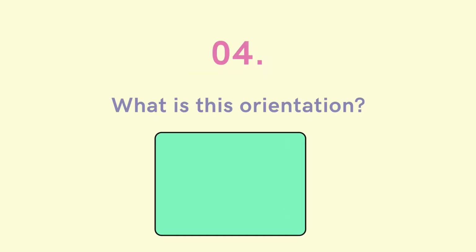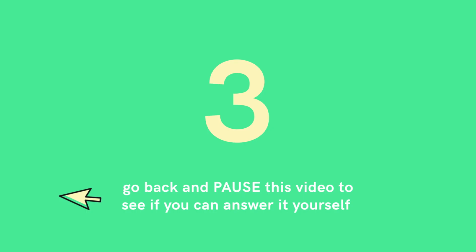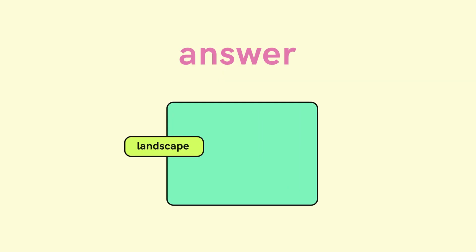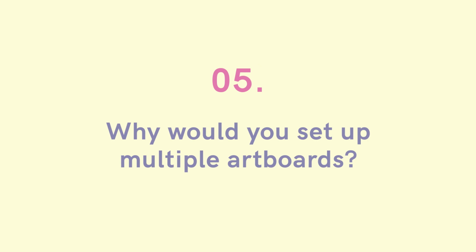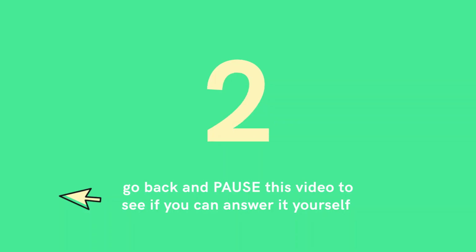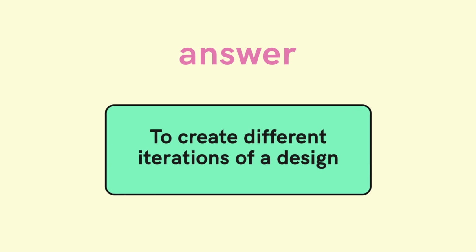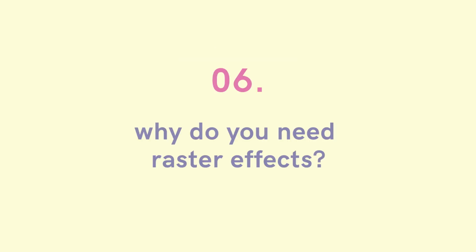Number 4, what is this orientation? Five, why would you set up multiple artboards? 6, why do you need raster effects?